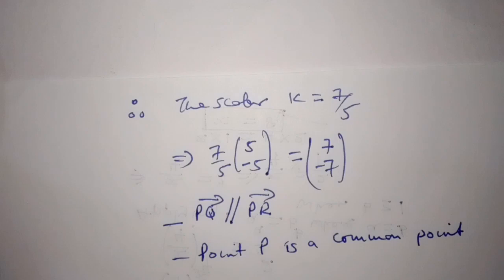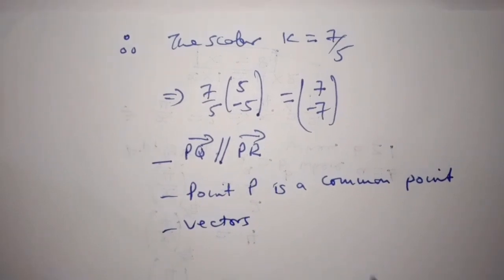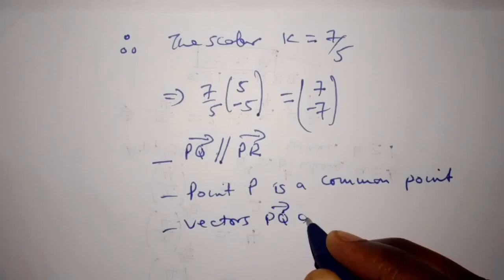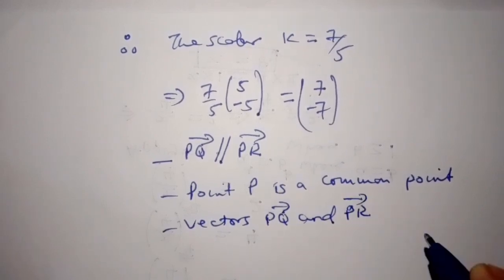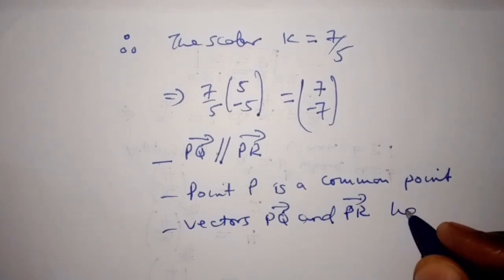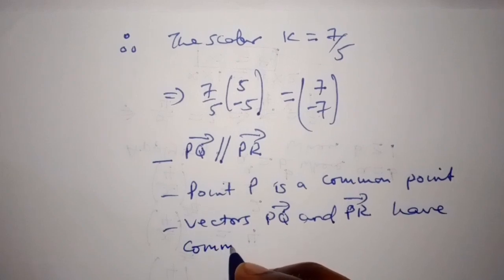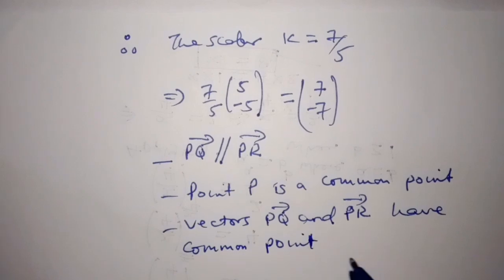Therefore, we can say that vectors PQ and PR have a common point P.